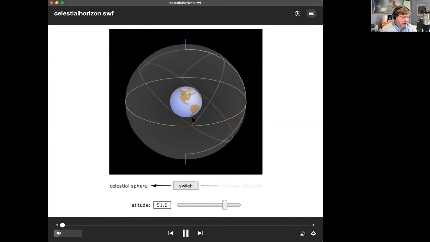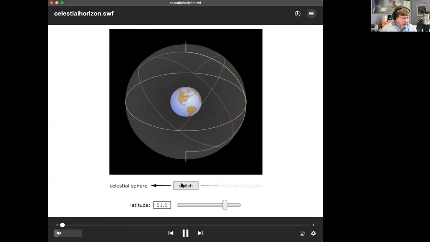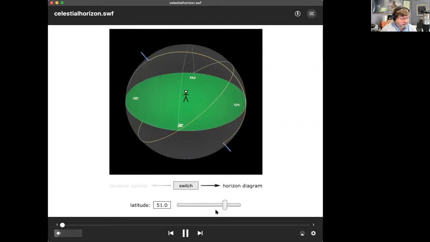Yeah, here we go. Okay, so here is your horizon. Let's say you're at latitude 0. Close enough. Notice that the poles are on your horizon.